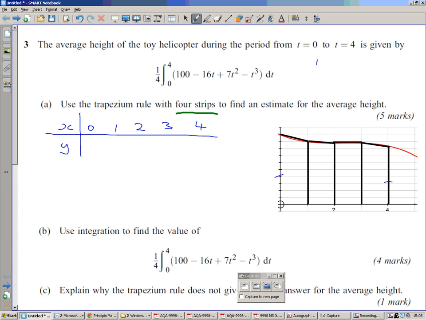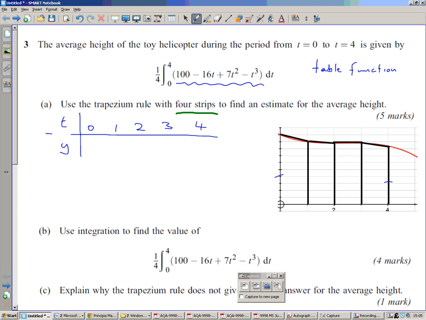if we put them into our formula, we can use the table function on your calculator, which I think everyone knows how to do, to put into this formula here to work out what the value of t is, not y. It is t here. And this axis here was y, or was it h?